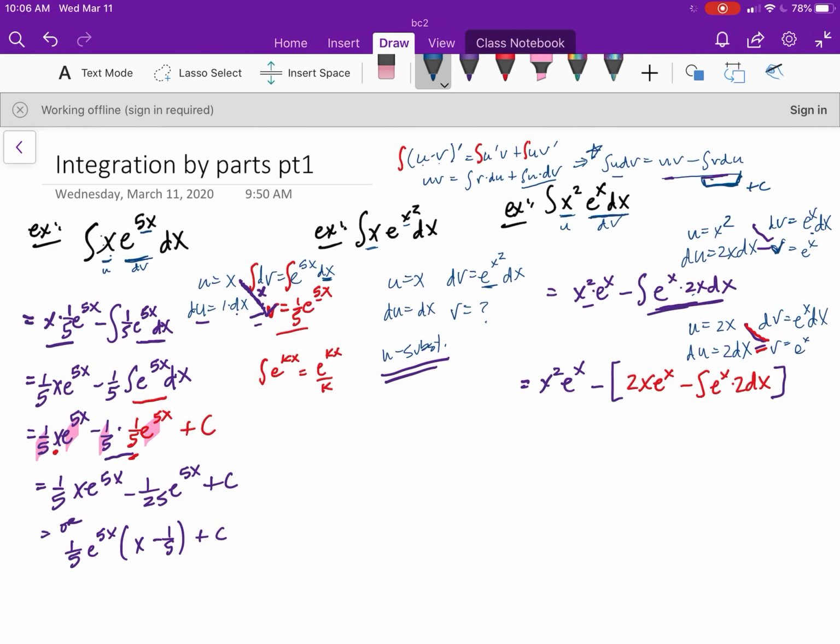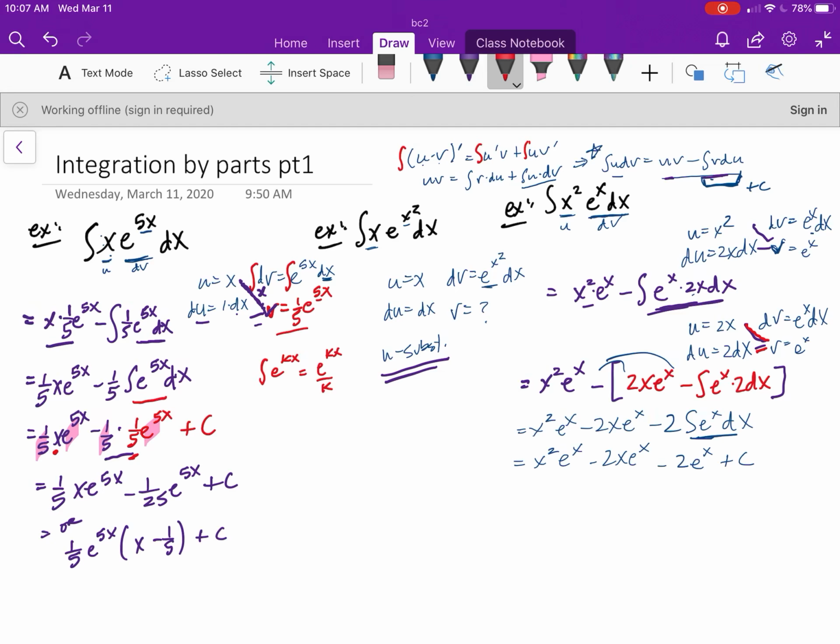So at this point, let's go ahead and distribute that negative: x squared e to the x minus 2x e to the x, and then minus, I'm going to pull out the 2, integral of e to the x dx. It's just a constant, it can come out. The end is near. The integral of e to the x dx is just e to the x. Remember your plus c. That is it. That's the answer.